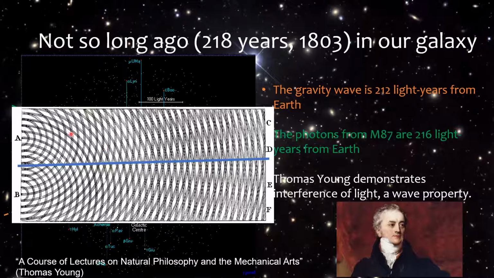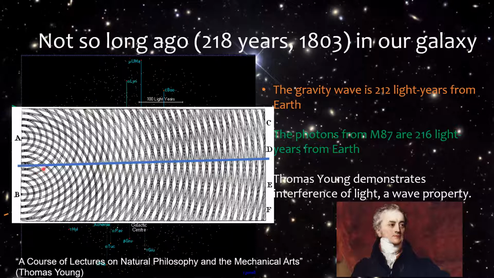Sending waves through a pair of slits, that's at A and B, causes the waves to come out emanating in a circular pattern like this. And where the waves overlap, they can add together if they are in sync. So anywhere you see the dark lines crossing, that means the two are in sync. That is, the crest of one wave combines with the crest of another wave, or vice versa, trough and trough.